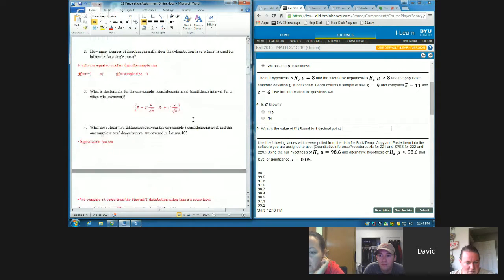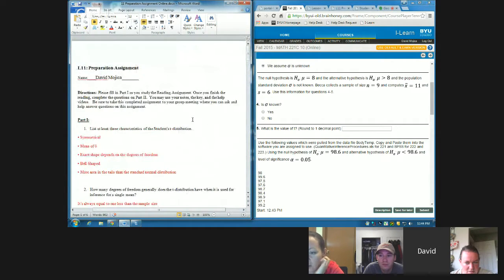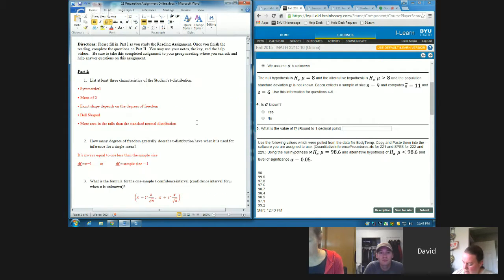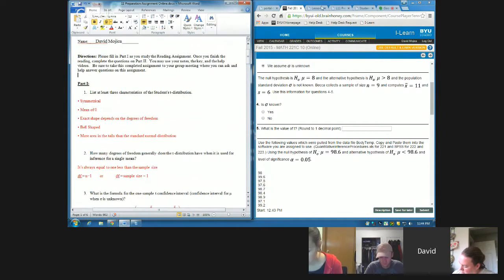Becca collects a sample of size n equals 9 and computes x bar is 11 and s is 6. And s is the sample standard deviation, right? Right. This information for questions 4 through 5 is known.